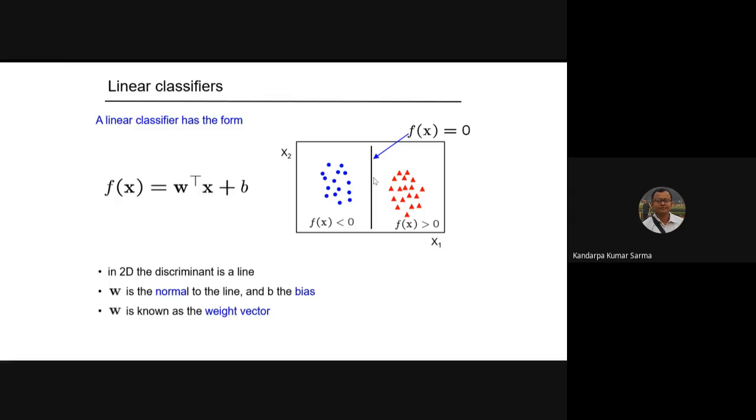So this will be the discrimination boundary. This will be the region for one class, and this will be the region for the remaining class. In two dimensions, the discriminant is a line. W is the normal to the line, and b is the bias. W is known as the weight vector. We are all familiar with these terminologies now. So x1 and x2 are the two axes.